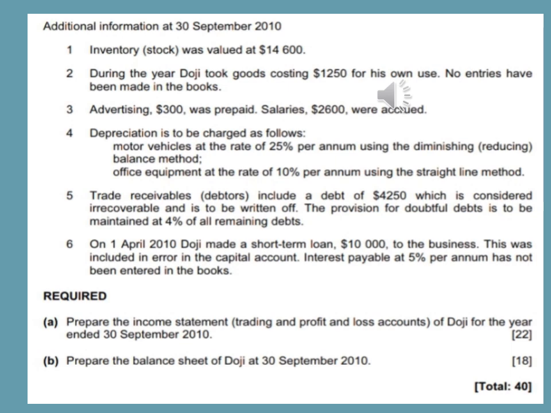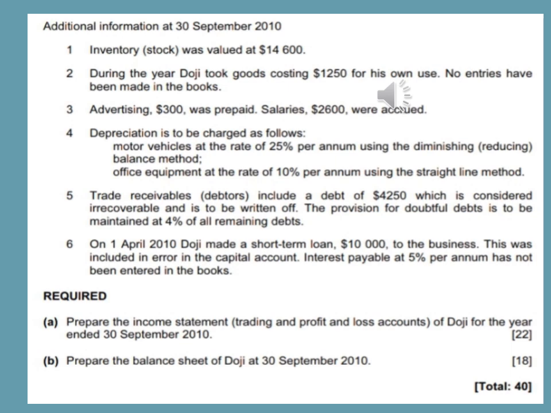Since this 300 is not a part of the current expense, this has to be subtracted, the working has to be shown in the income statement, and prepaid advertising 300 will also come in the current assets in the balance sheet. These are the two places where prepaid advertisement will come.